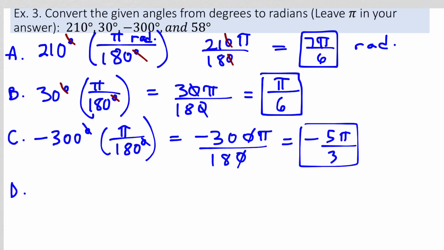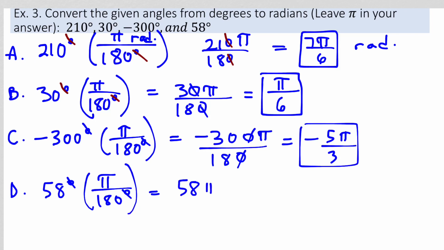One more. 58 degrees. Convert to radians, conversion factor. Degrees cancel. So I've got 58 pi over 180. So dividing by 2, 29 pi over 90.